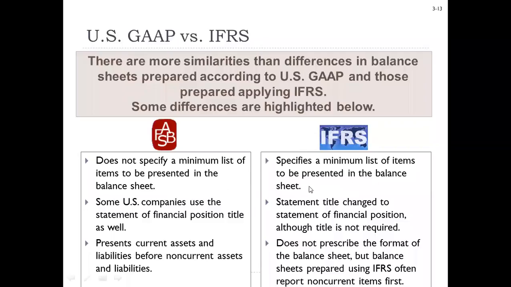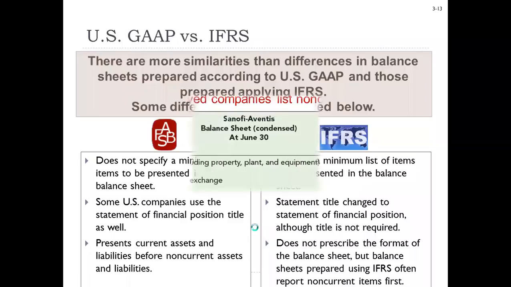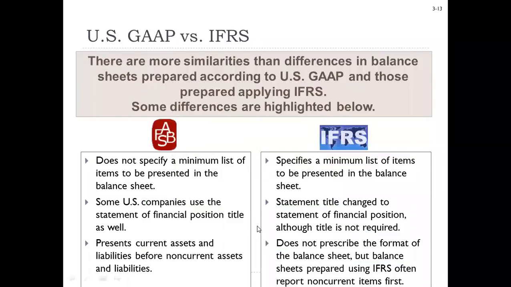IFRS, on the other hand, does. Okay, they specify that certain things have to be on the balance sheet. Okay, US companies generally use the title balance sheet to represent the statement of financial position, is what the IFRS calls that financial statement that has the assets, liabilities, and stockholders' equity.